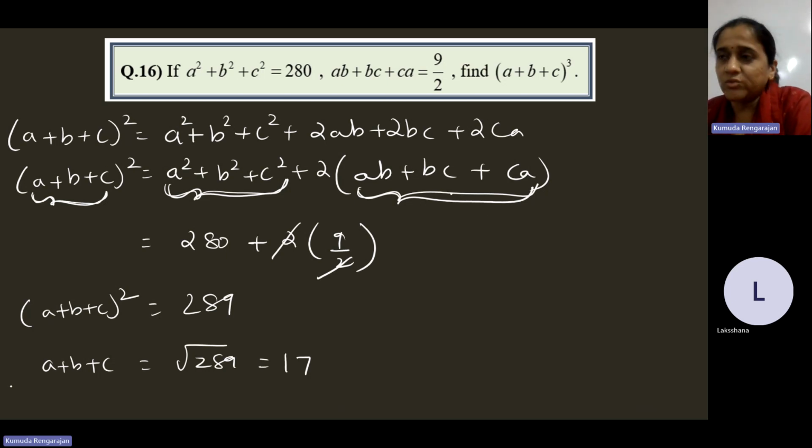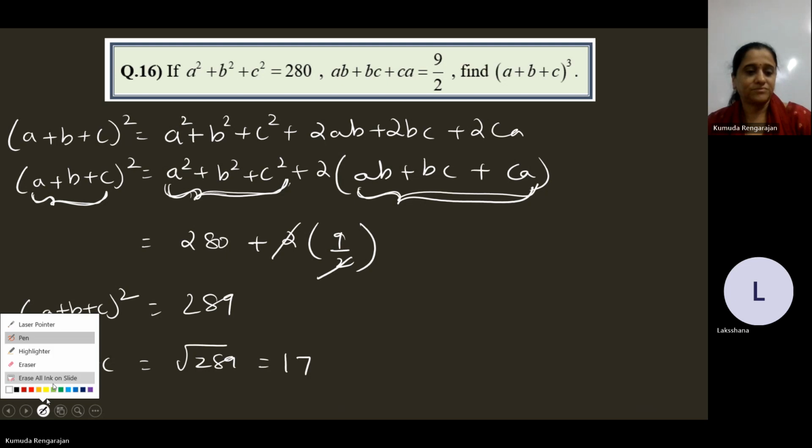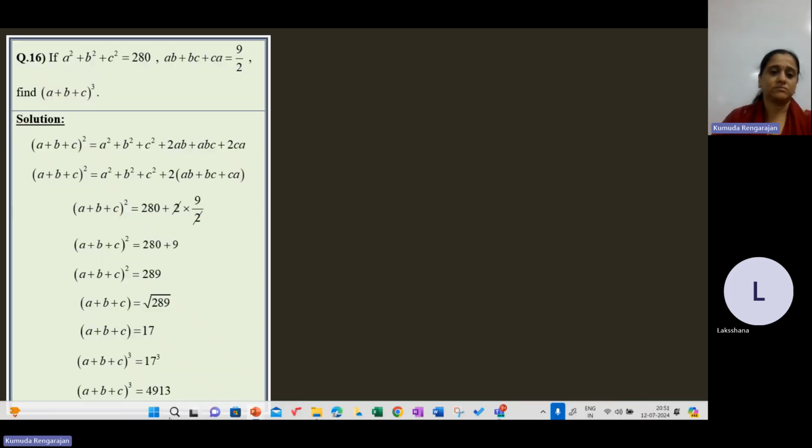Of these 3 expressions, we know the values of 2 of them: a squared plus b squared plus c squared is 280 and ab, bc, ca is 9/2. So in an equation, we have 3 expressions and we know the values of 2 of them, so you can find the third one. The value of the third expression a plus b plus c is 17. Now what is (a + b + c) the whole cube? 17 cube. Write down.